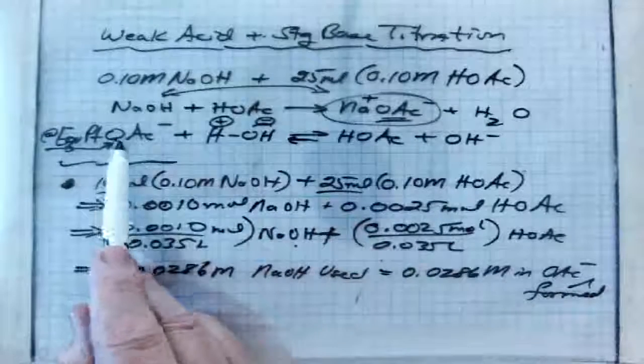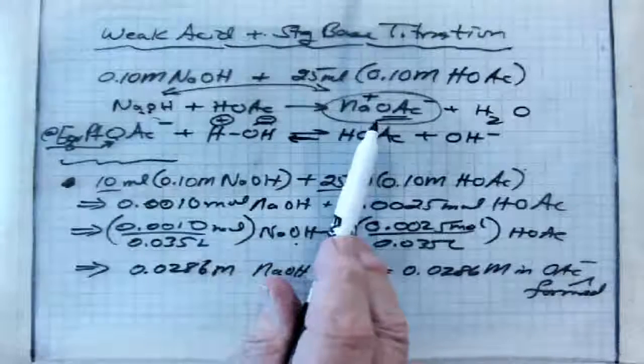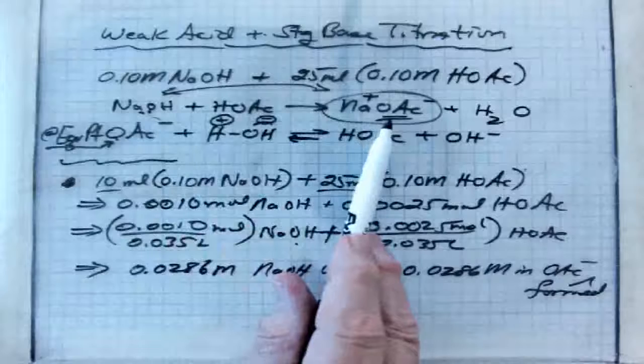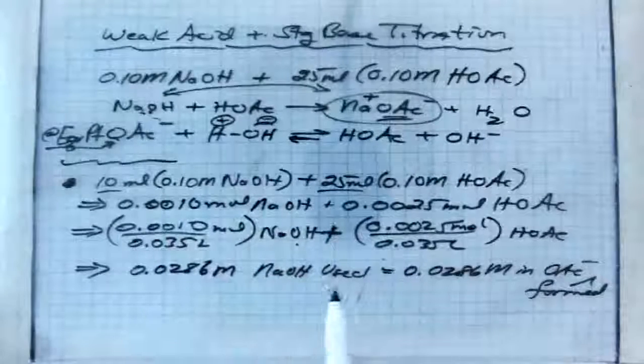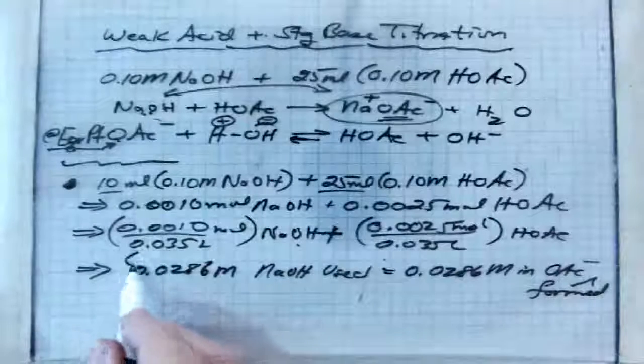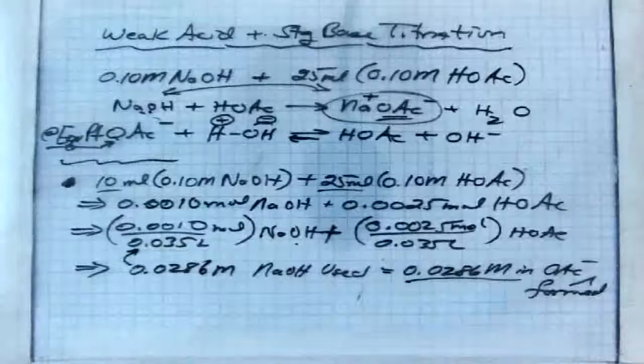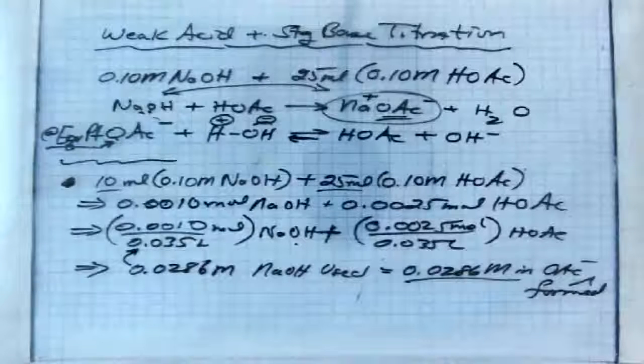When I use up so much of the sodium hydroxide, I get the same amount, 1 to 1, in the sodium acetate. So while I calculate that amount used, I also make a note that that's how much salt I'm generating.